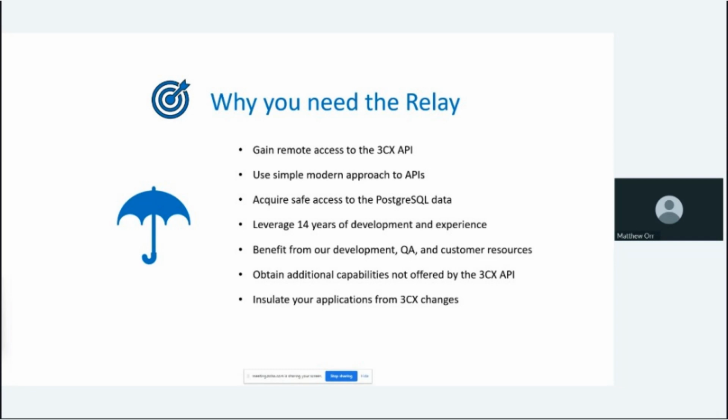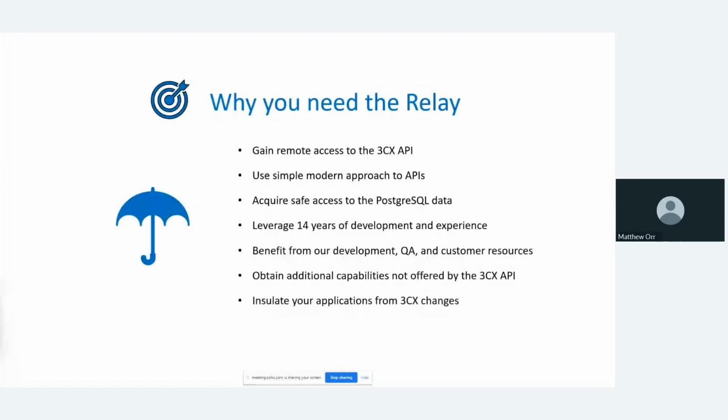So when 3CX releases a full version, I always tell our customers that it's probably wise, if possible, to wait until around the Service Pack 3 period to make sure that all of the features that were in 3CX previously are now available in the new version, because one could make an argument that 3CX uses Service Pack 1, 2, and 3 as what the rest of the world would call Beta 1, 2, and 3.